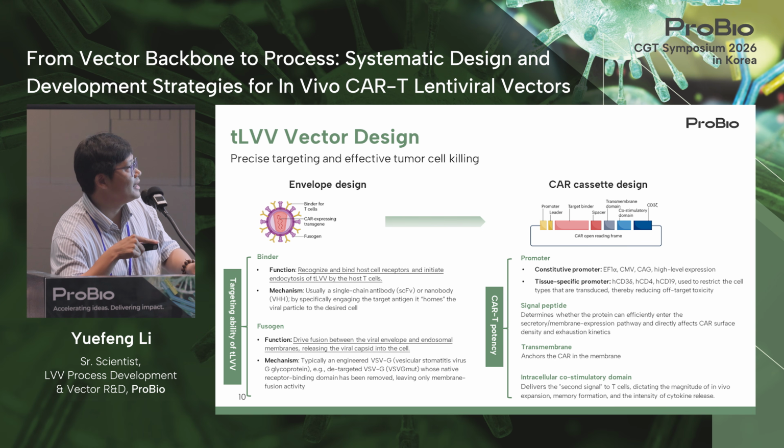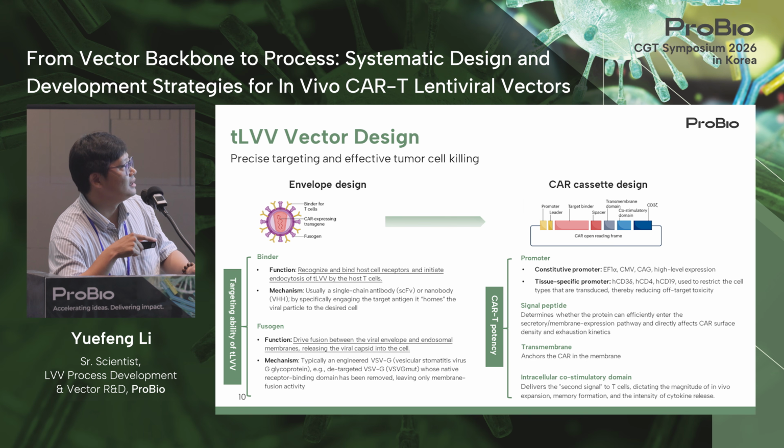And also, clients normally will have a CAR molecule design. To design a CAR molecule, we will consider which kind of promoter we will be using. Normally, we use a human constitutive promoter, which is strong, such as EF1 alpha. And if we want to add another safety layer onto the vector to let the CAR gene only be expressed in T cells, we can use T cell specific promoters to express the CAR gene.